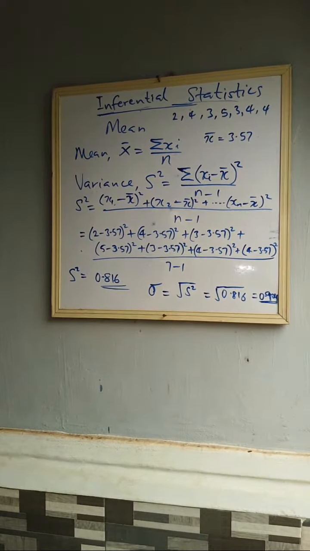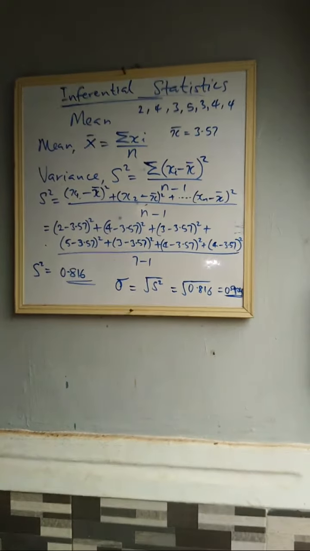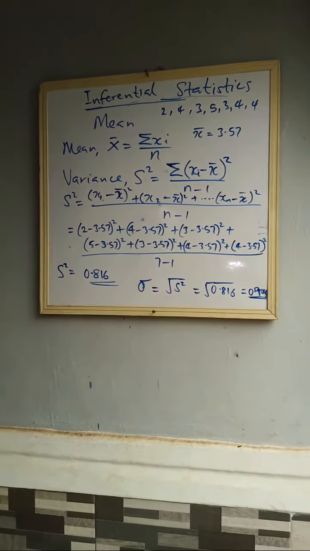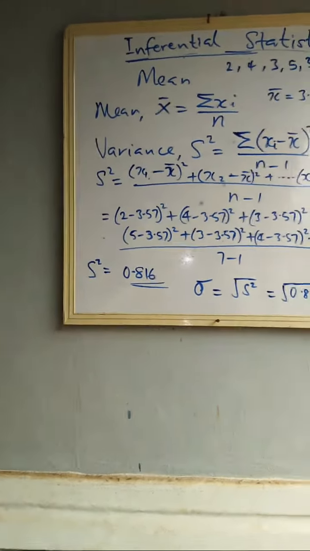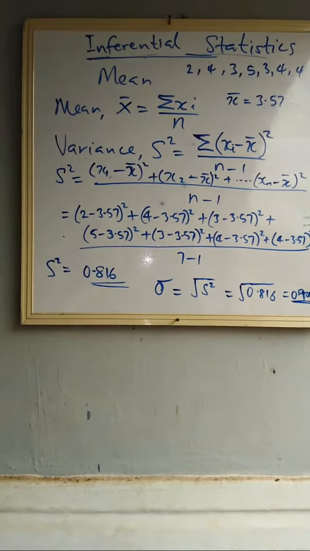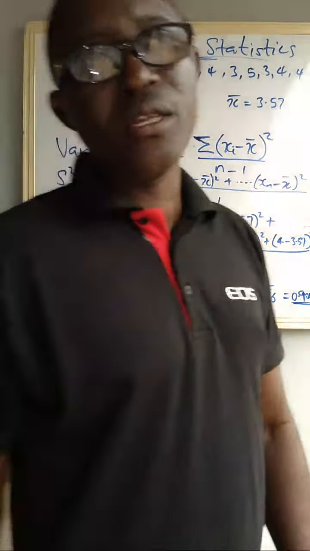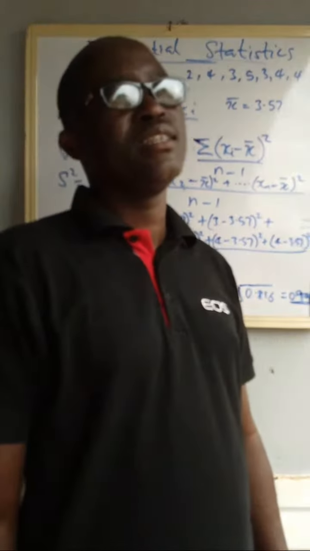Now, having done that, we can also do more than that. Sometimes the data that we have requires that we do more. For instance, we have only one data set here. We can have a combination of data sets, and then we are performing a test of significance between the two sets, for example.